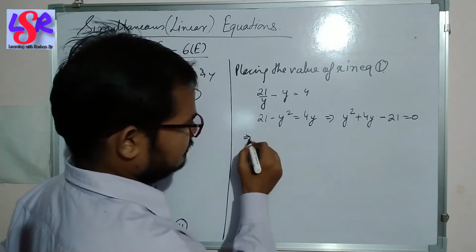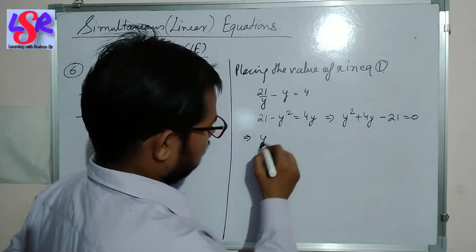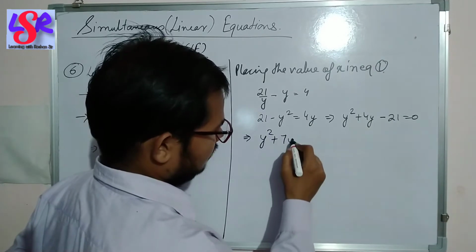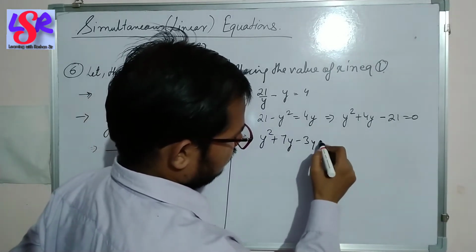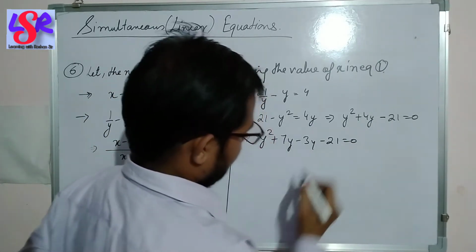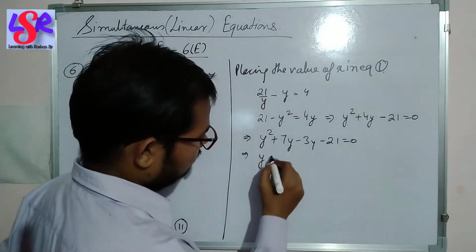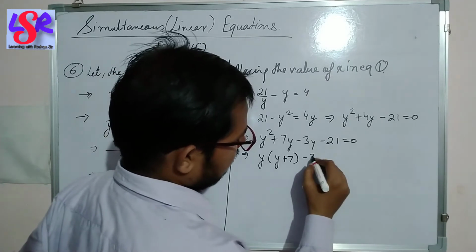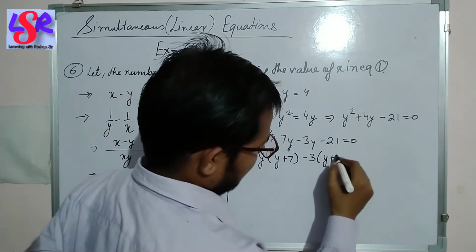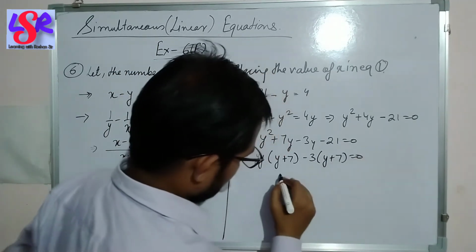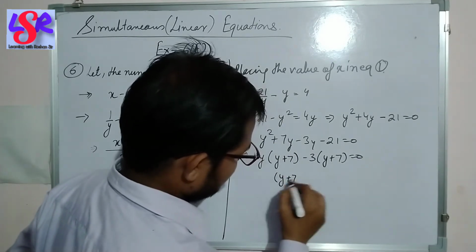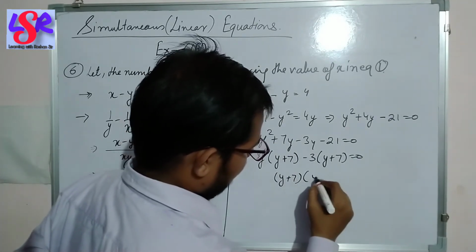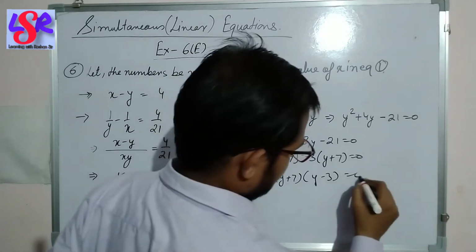So this can be written as y square plus 7y minus 3y minus 21 equals to 0. Now we can take y common from here, and this will become y plus 7 and minus 3 from here. So y plus 7 and y minus 3 equals to 0.